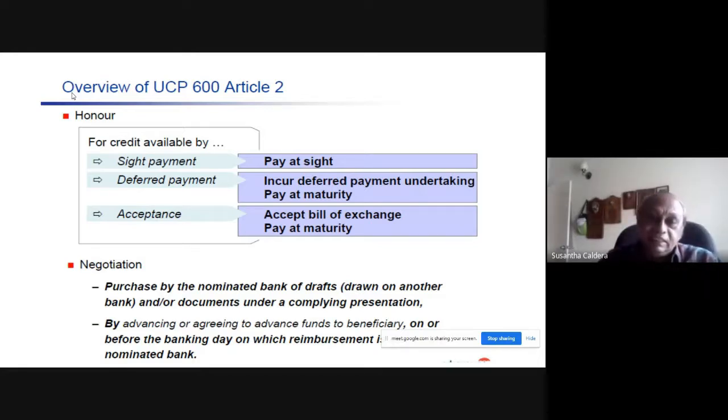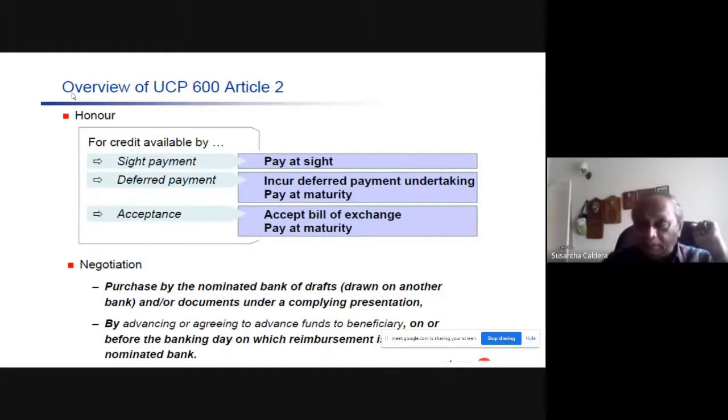The reason is, under acceptance, we have to have a bill of exchange. For a bill of exchange, there is a stamp duty, sometimes 2%, 3% stamp duty. In Italy and most of the European countries, there are stamp duties.